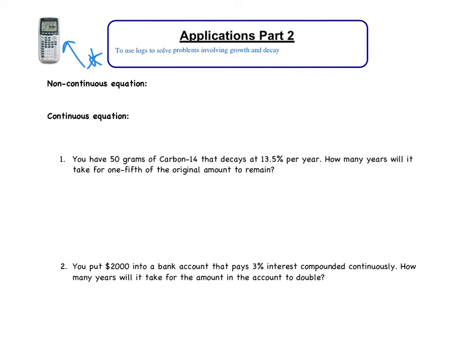If it's non-continuous exponential growth or decay, we use the formula that we learned at the very beginning of the chapter. Y equals P times the quantity 1 plus or minus R over N, to the power NT.